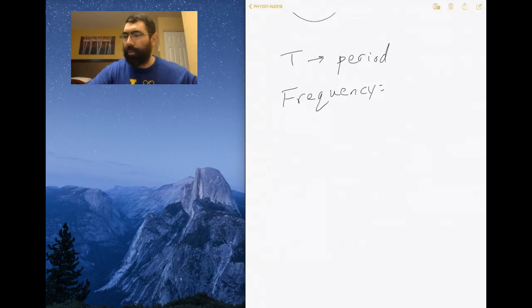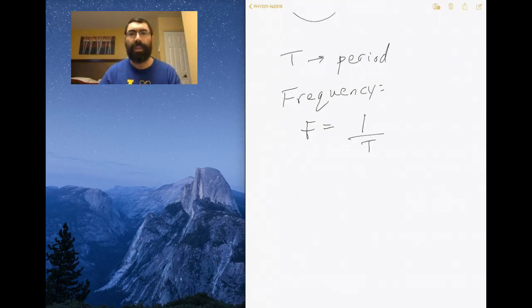So basically the frequency, f, is one full cycle, going from its starting position 1 over to 3 and back to position 1, in the amount of time of the period.